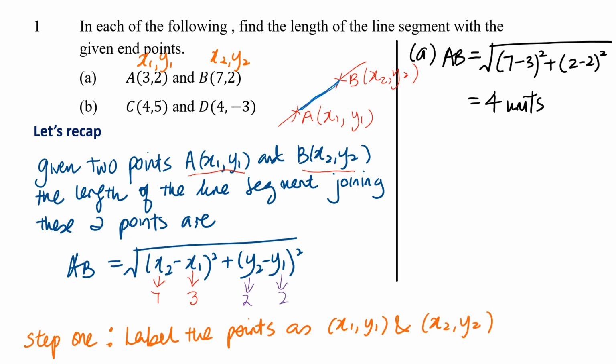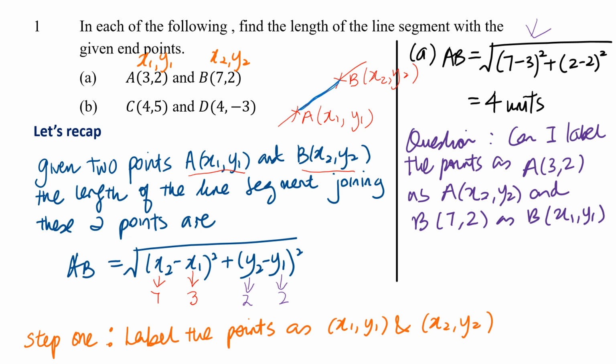That's how we substitute. And you can easily use a calculator to evaluate. Just make sure that you press the square root sign, open bracket 7 minus 3 close bracket squared plus open bracket 2 minus 2 close bracket squared. And then you get 4 units as the answer.